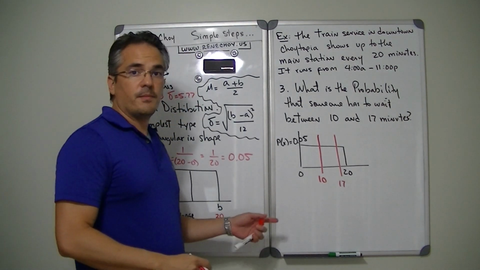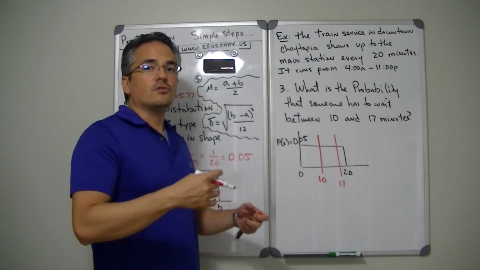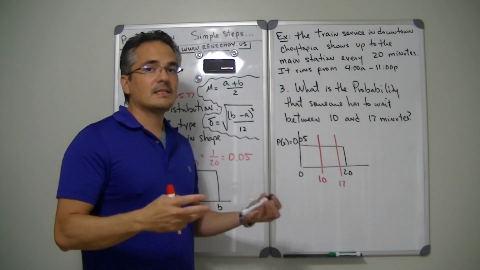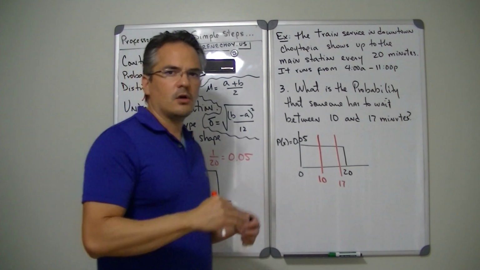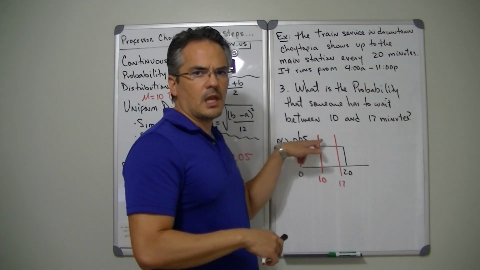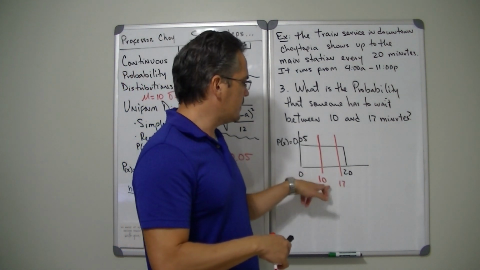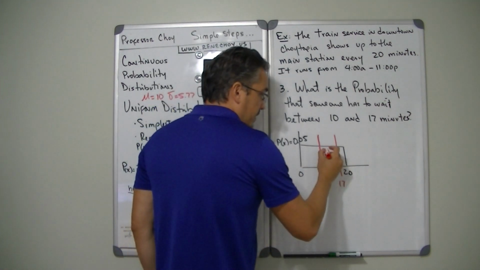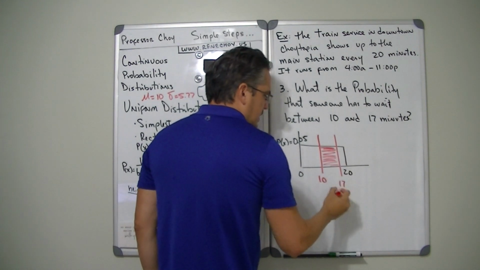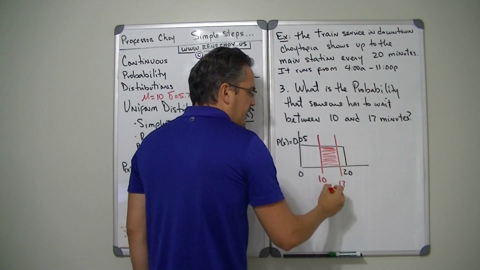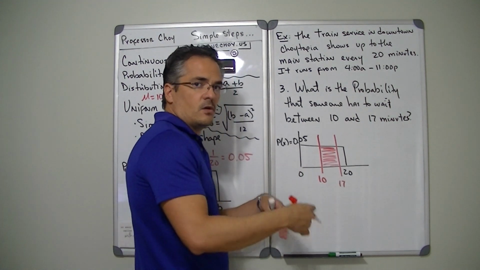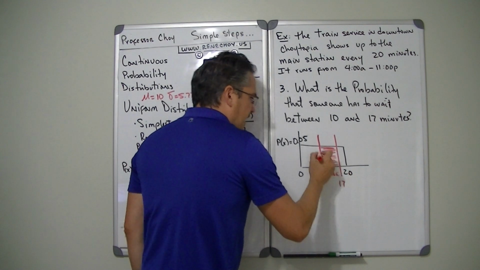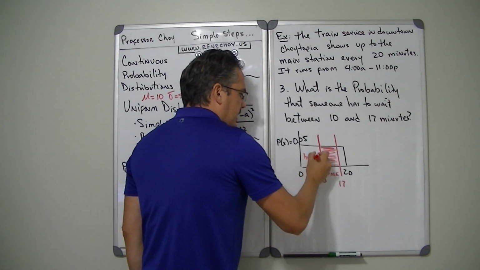As I mentioned a little bit ago, every time you have a continuous probability distribution and they ask you for a probability, what they're really asking you for is the area under, in this case, the line. So what is the area of the rectangle in that question? Because this is a rectangle, we need to do the area, and the way to calculate the area of a rectangle is base times height. So this is going to be our base, and this is going to be our height.